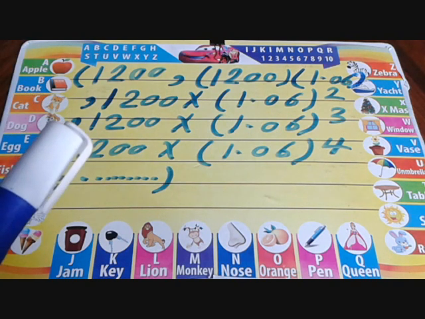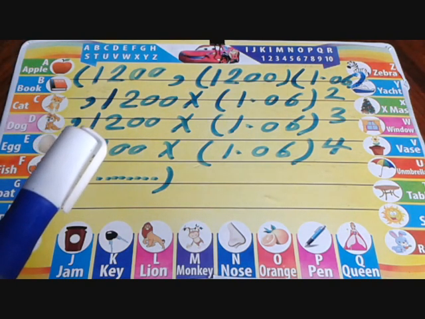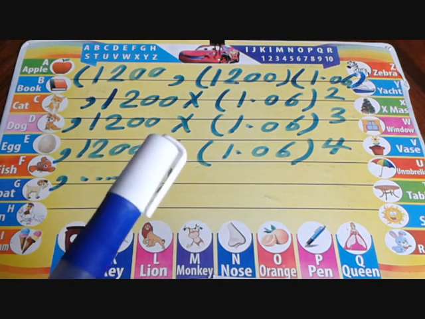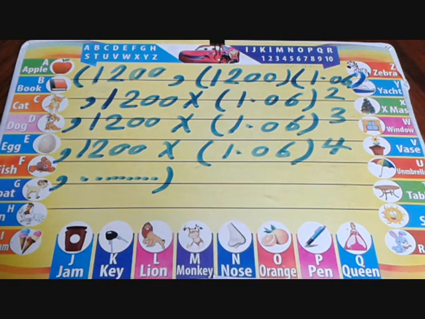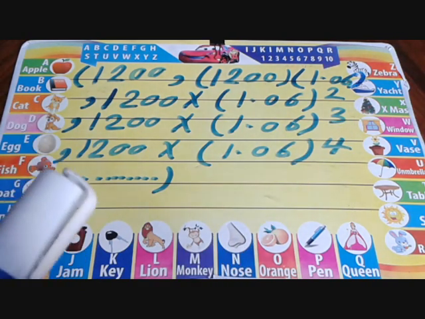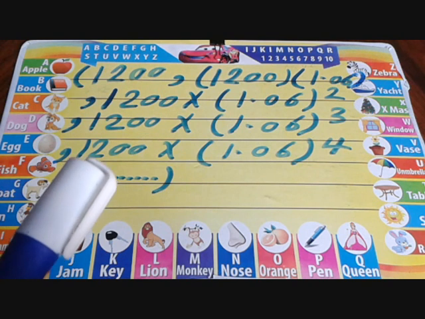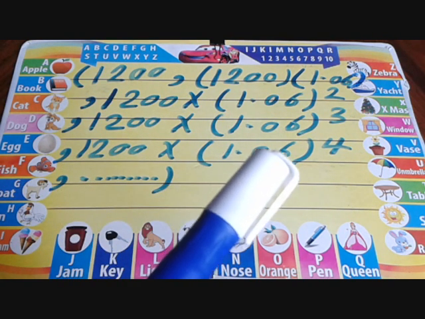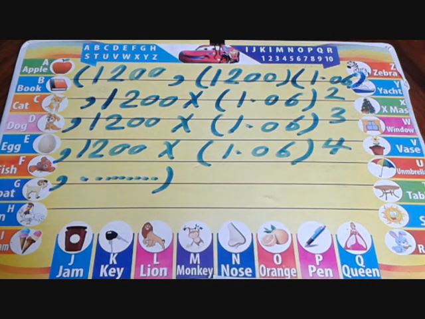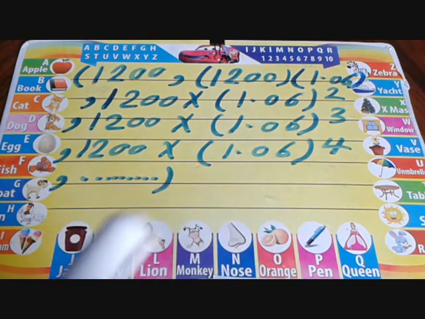The next term, 1,200 times 1.06 power 3. The next term, 1,200 times 1.06 power 4. And so on.